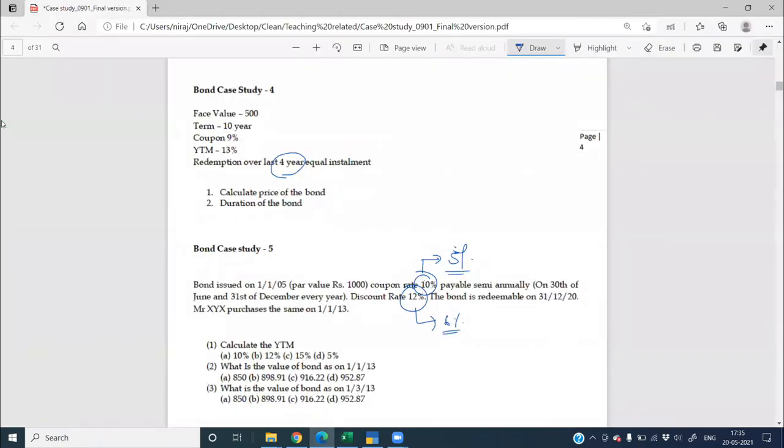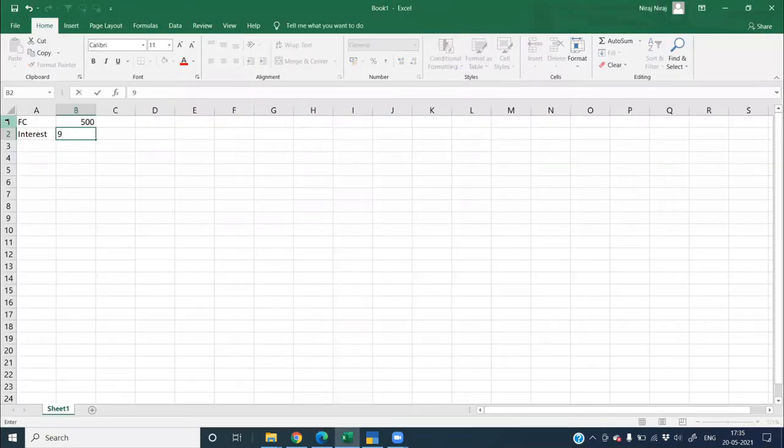The interest or coupon rate that has been provided to me is 9%. YTM is 13%, and the time frame that has been given to me is 10 years. Redemption will be in 4 equal installments. If I have to construct the sum, my construction will be something like this.